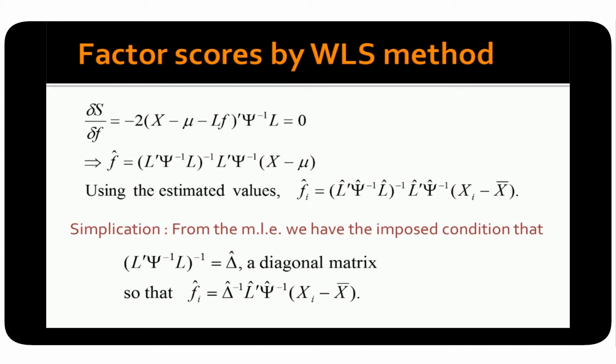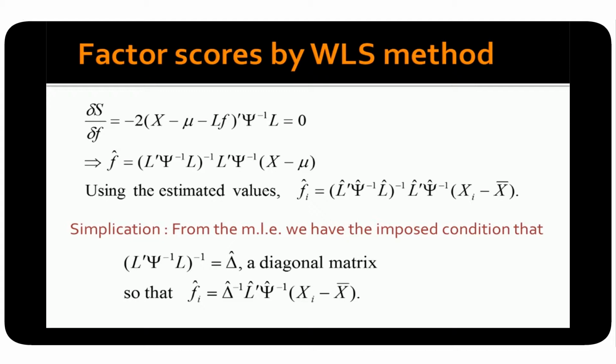So, what we do is now, instead of the individual's xi vector which is m dimensional, we get the individual's factor scores, which is the fi hat vector, which is p dimensional.